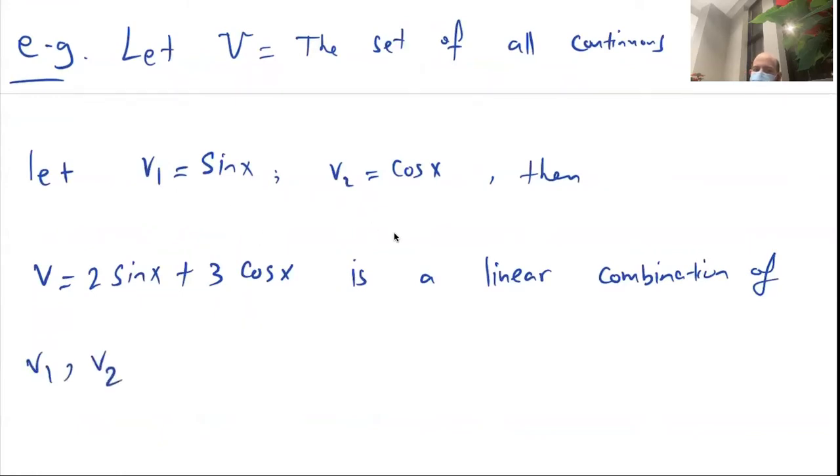See here, if V is the set of all continuous functions, and that's my vector space, then the vectors by definition are elements of the vector space.